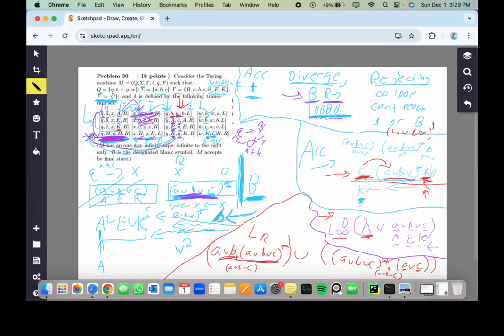So essentially putting together everything in accept, everything in diverge, and taking the complement of it, the opposite of it. It's everything left over.